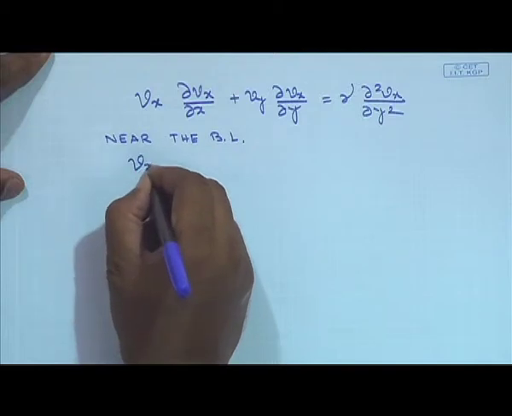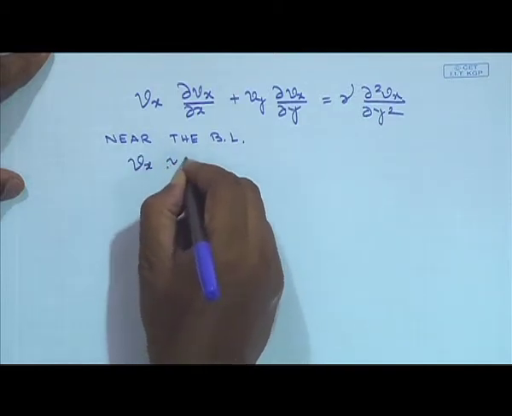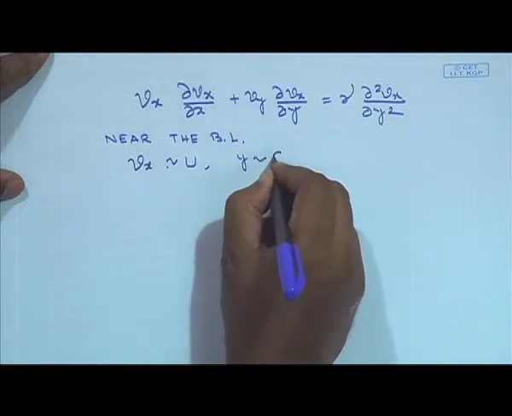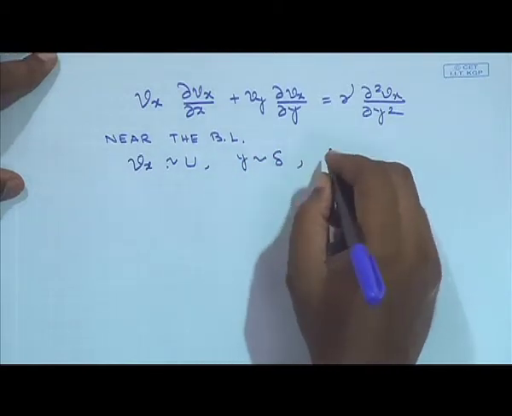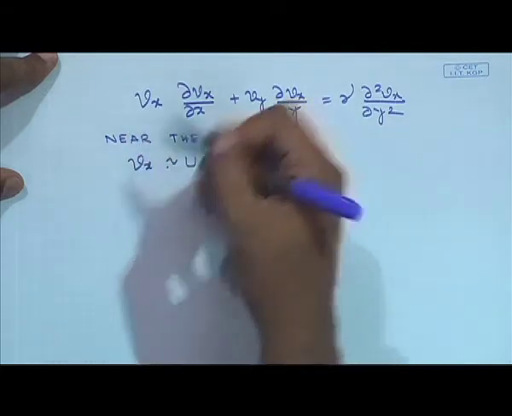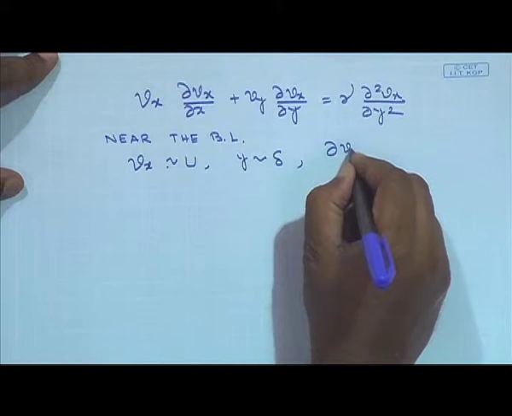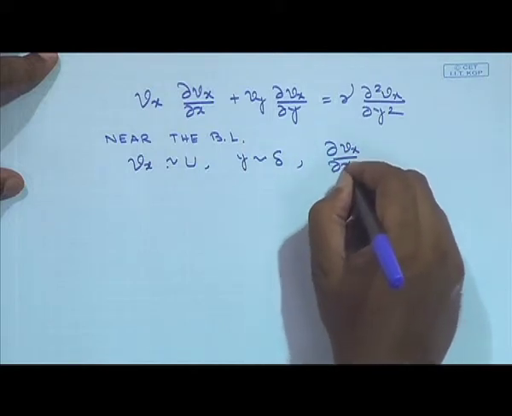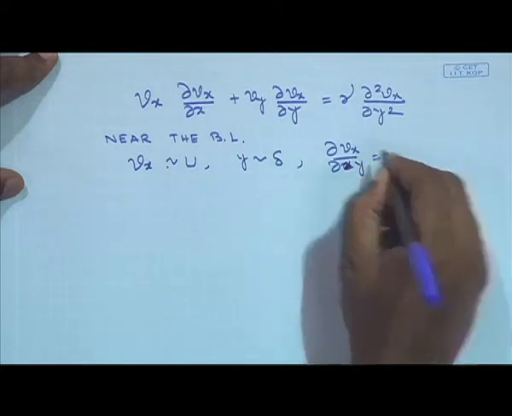Near the boundary layer, Vx is approximately going to be equal to u, y is essentially equal to delta, and since the velocity does not change beyond the boundary layer, del Vx by del y is going to be equal to 0.